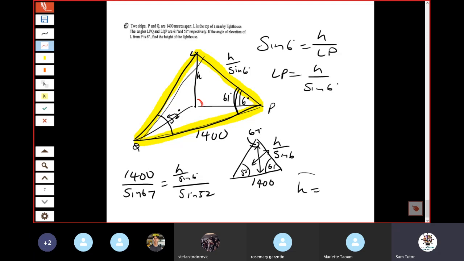The lighthouse to the ground must be what? 90. Yeah, anything that's sticking out, that is straight, vertical, obviously, to the ground, must be a right angle. But Sam, is that really valid though?